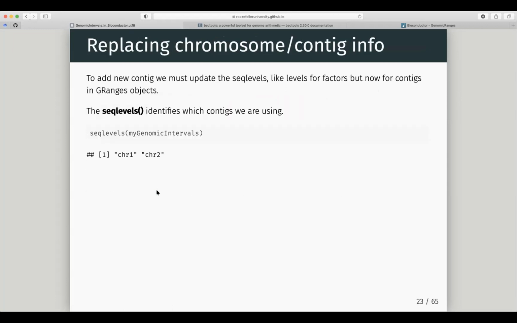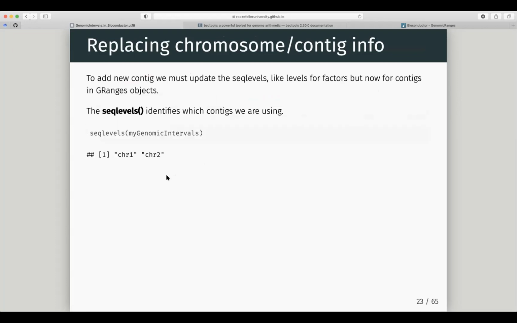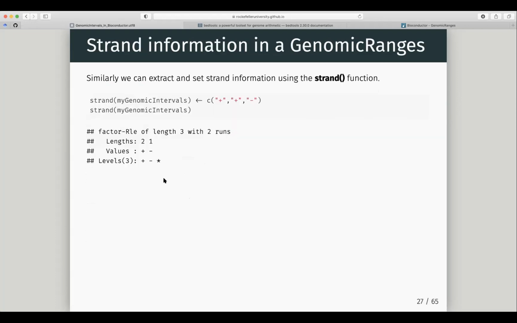Right? So in contrast to when we did seqlevels, it only showed us the levels of the chromosomes actually in our ranges. Here it knows what the options for strand will be, right? No matter what we put in, it's always going to only accept positive, negative, and star.